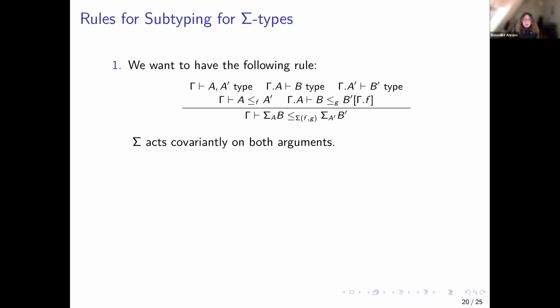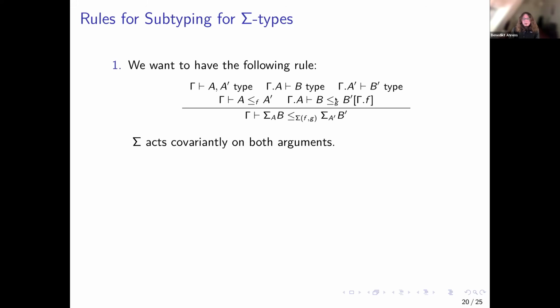If we have a type morphism F from A to A prime, and a type morphism G from B to B prime, and this is not well typed, hence it cannot go from B to B prime, but it needs to go from B to B prime adjusted, modulo some re-indexing.